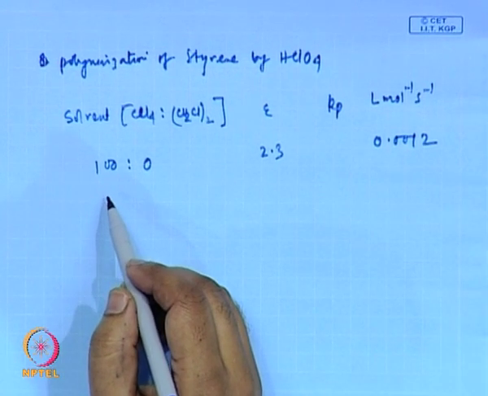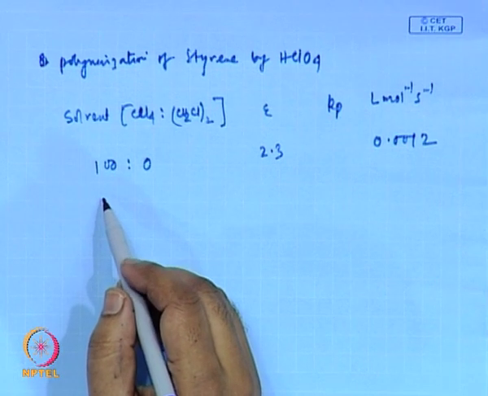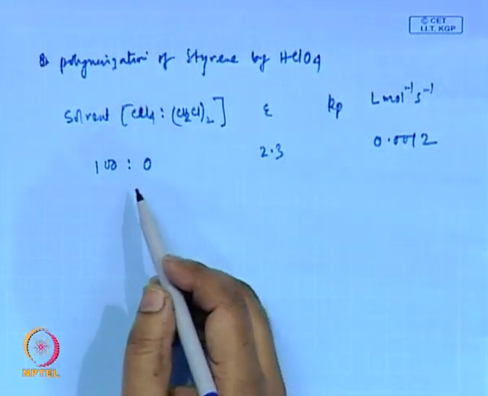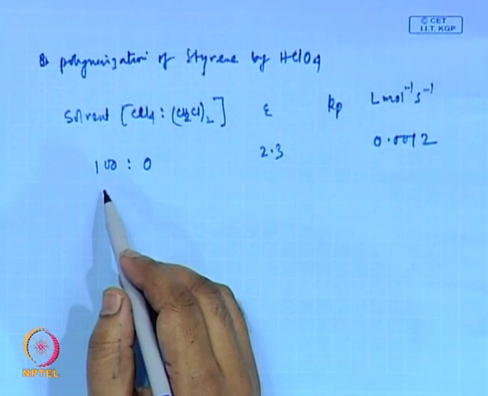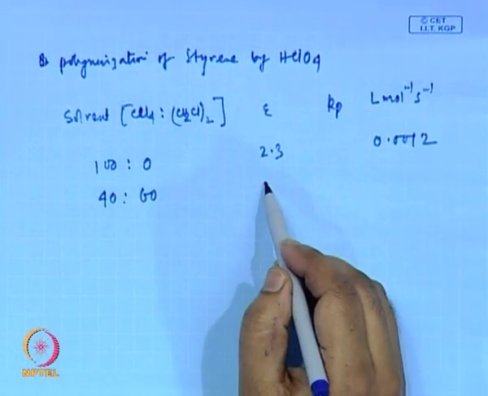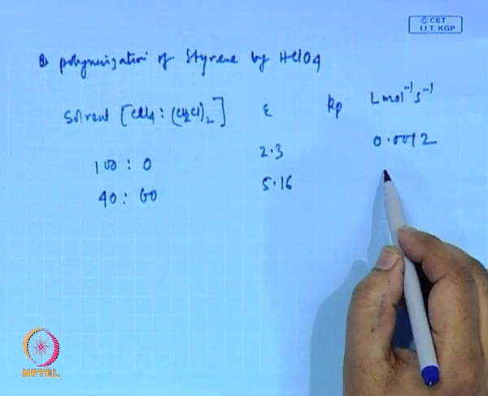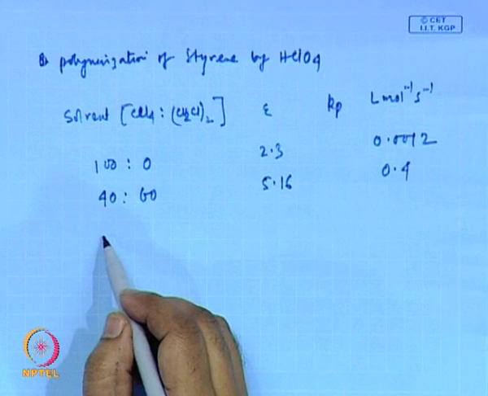When you increase the polarity by adding ethylene dichloride, dichloroethane, say in a 40-60 mixture, your dielectric constant goes up, your reaction rate goes up.